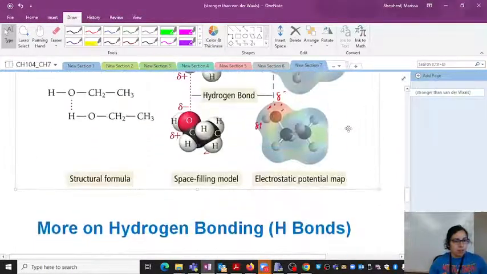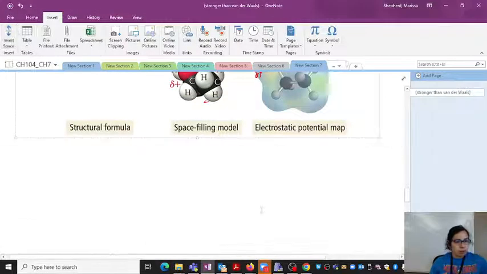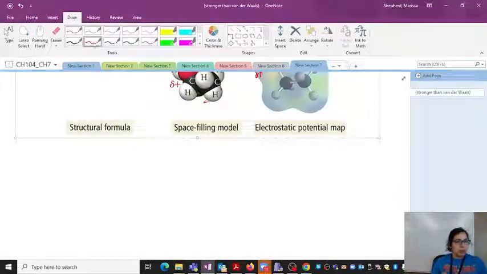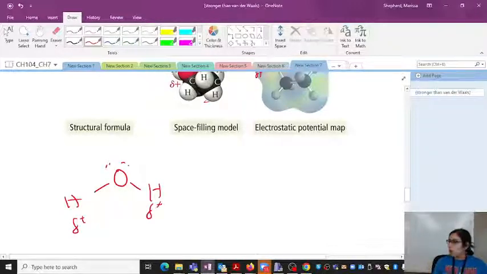And so let's draw it out for water. So water, again, we would have similar effects, except now we have two hydrogen bonding scenarios, right? Both of these hydrogens have a partial positive, so both of them are being stripped.